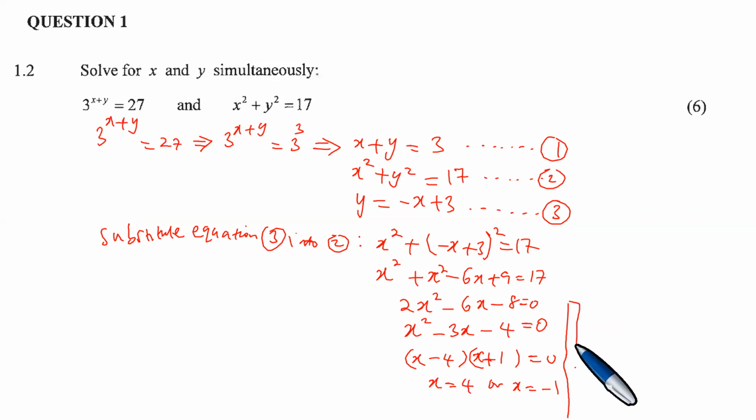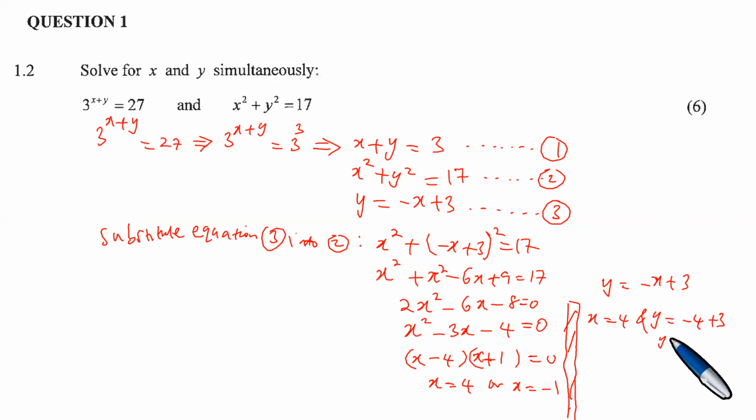So we have these. Which means at this point, what do we have? y is minus x plus 3. From y equals minus x plus 3, when x equals 4, you would have that y is minus 4 plus 3.